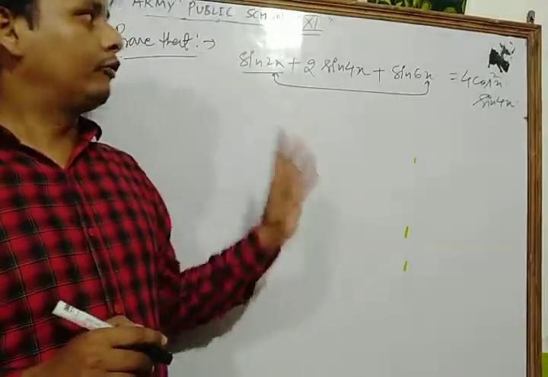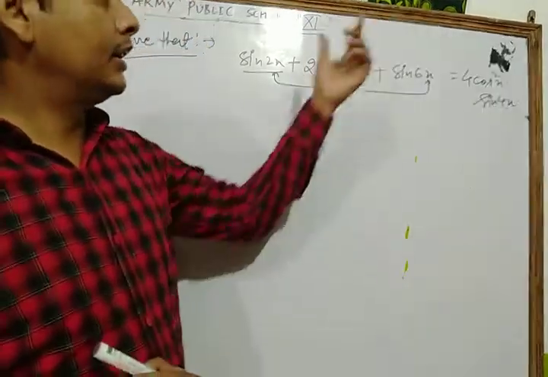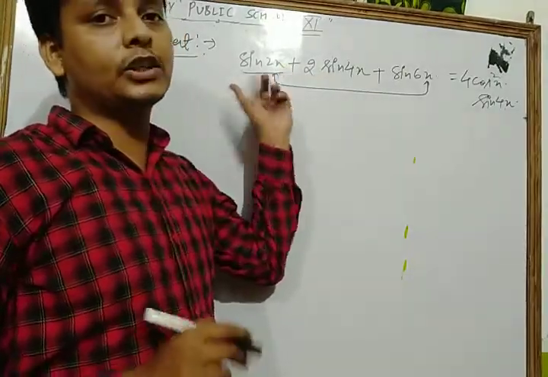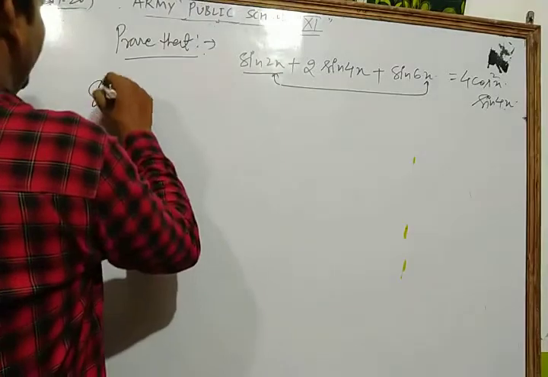So first we take LHS and arrange sin 6x and sin 2x together. Let's solve it.